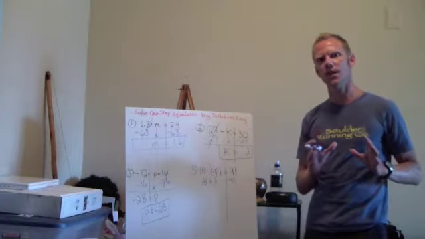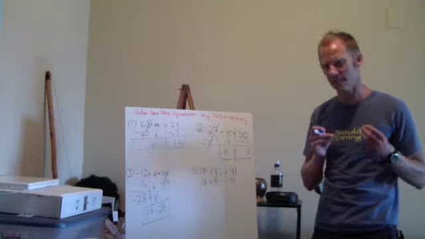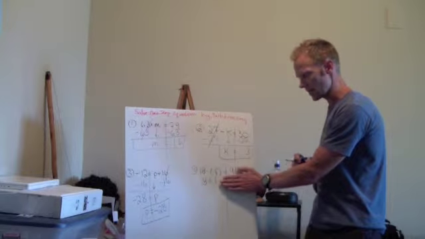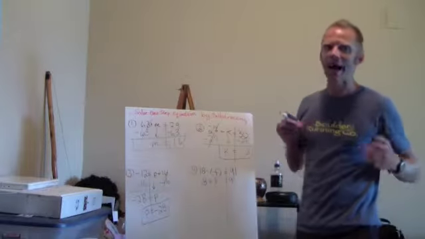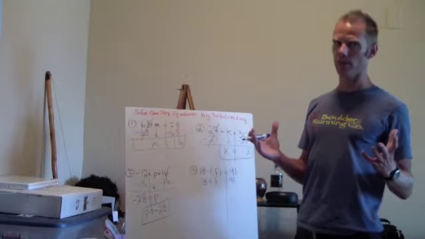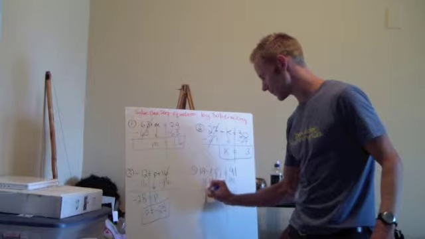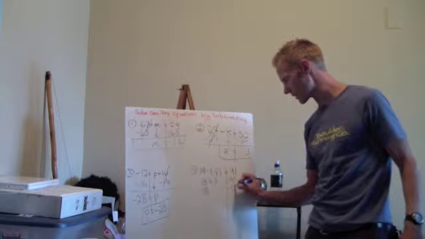Now we can ask ourselves the question, what side of this equation is the variable f on? The variable f is on the left-hand side. Furthest thing away from f on the left is 18. We're adding. How do we cancel addition? With subtraction. We're going to subtract 18 on the left, and then we're going to have to subtract 18 on the right to keep our equation in balance.